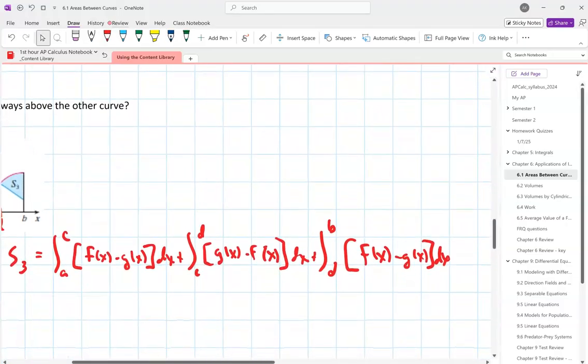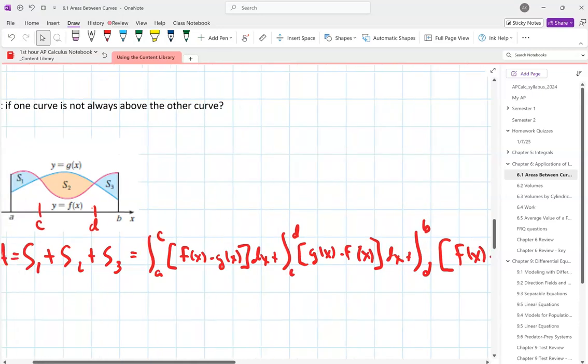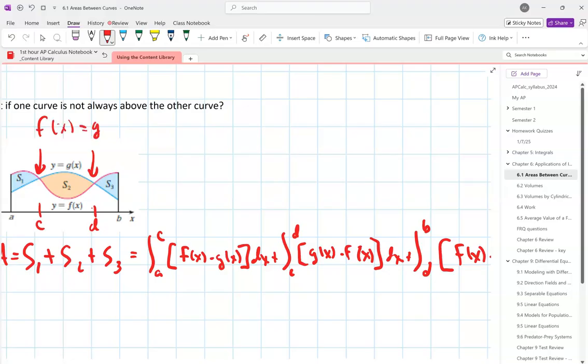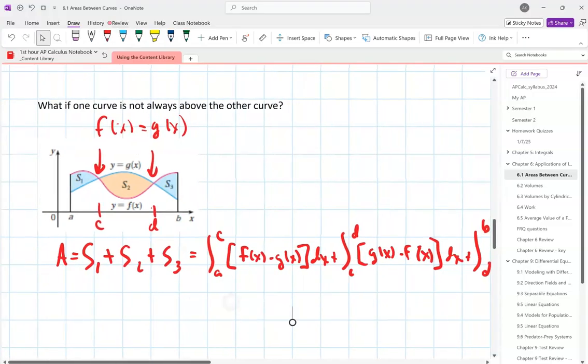Everybody's okay with that? So, fine. What's going to be the hard part? Going to have to solve for C and D, right? To do that, you're just going to be setting the two functions equal to each other and solving. Feel okay so far?